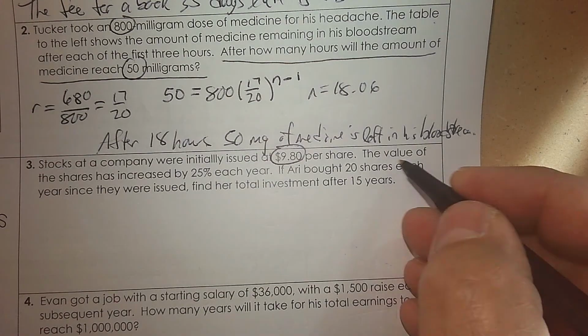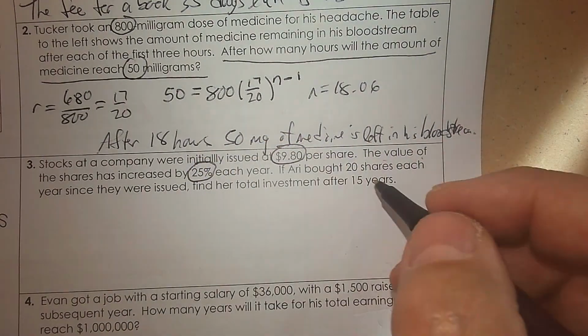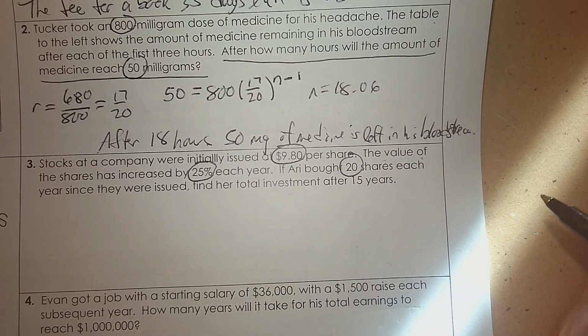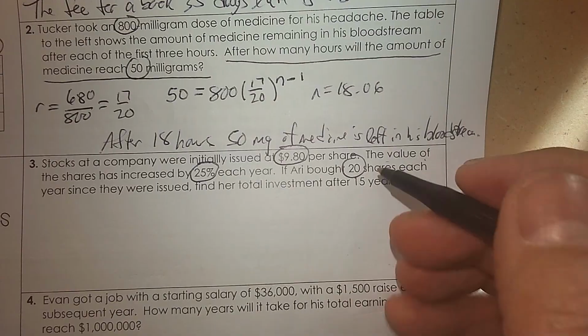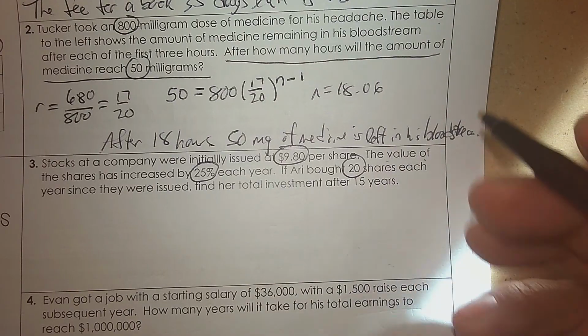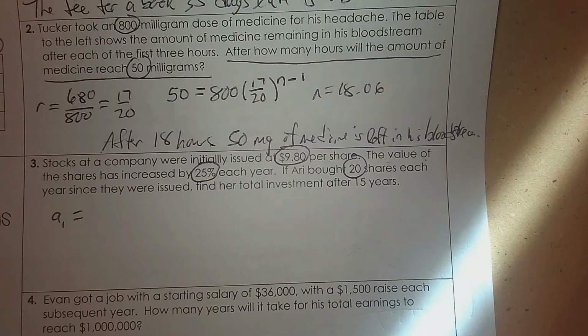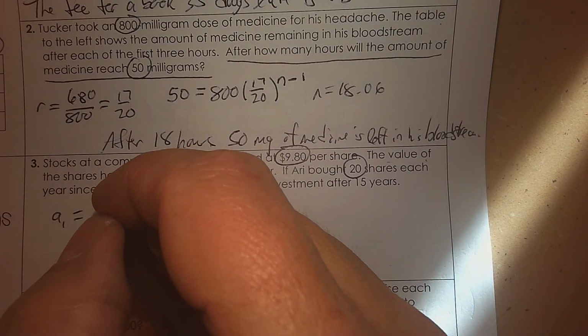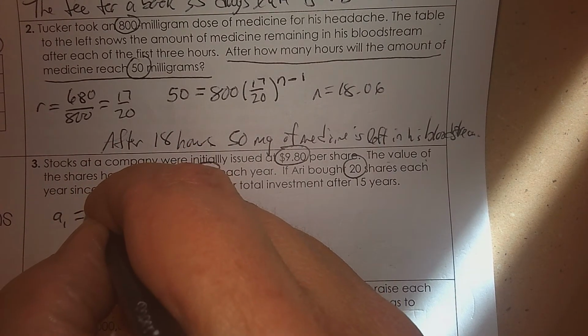The value of the shares increased by 25%. If Ari bought 20 shares each year since they were issued, find her total investment after 15 years. So $9.80, is that the amount? So it's $9.80 per share.